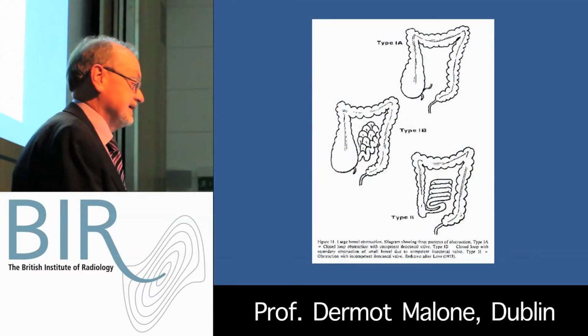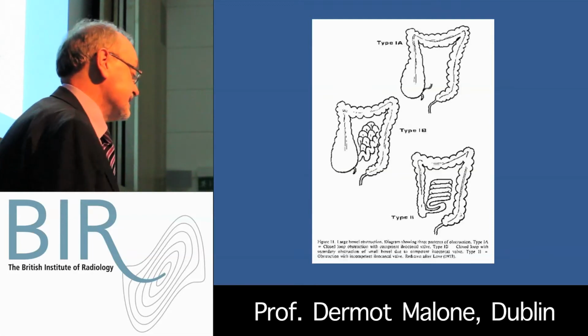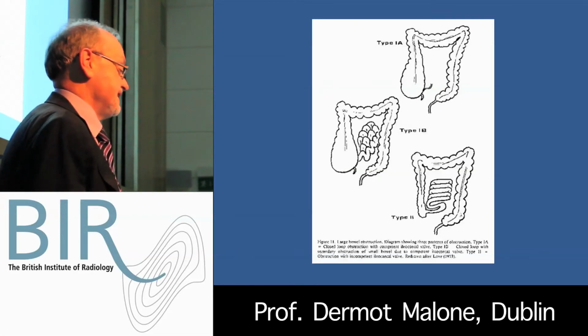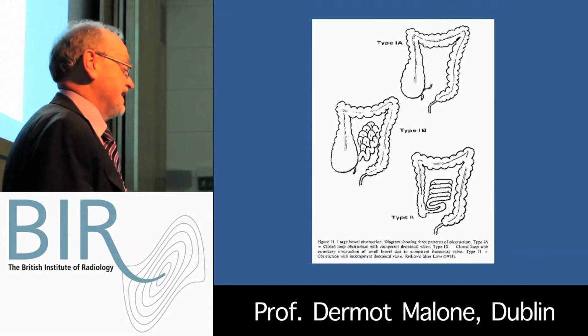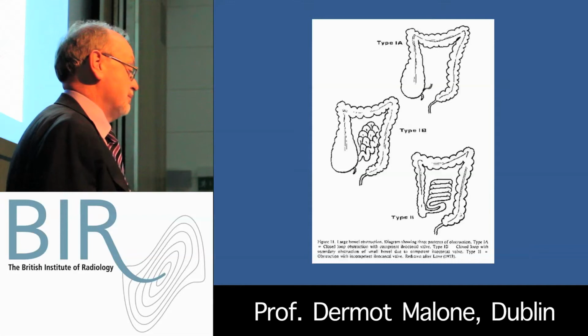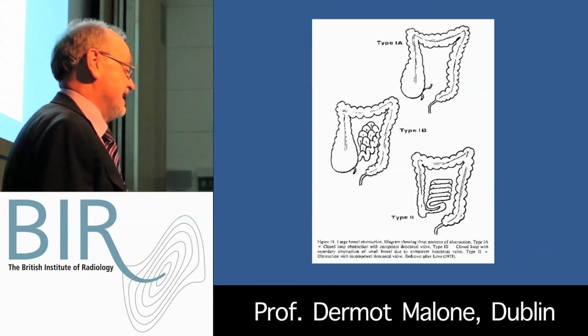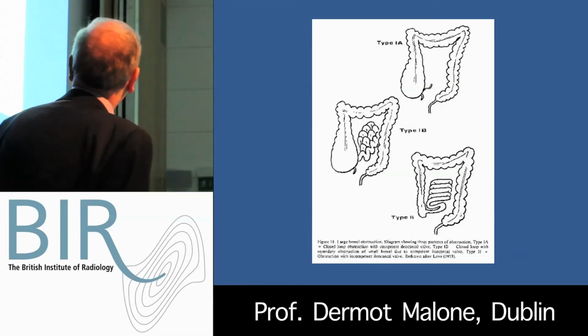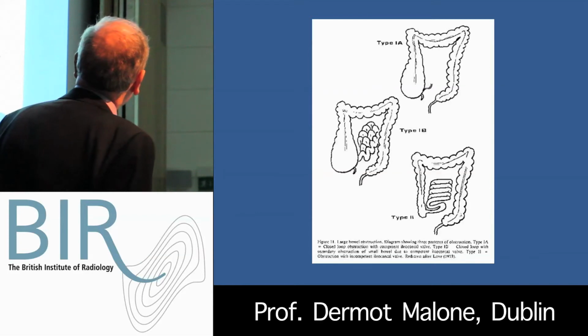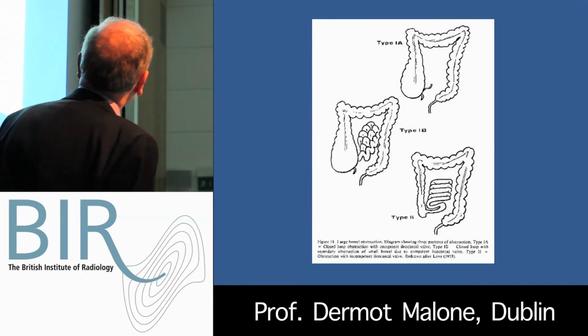One concept that I think is helpful in large bowel obstruction is the patency of the ileocecal valve. If you have a competent ileocecal valve and you have distal colonic obstruction, you will get a very distended colon quite rapidly.